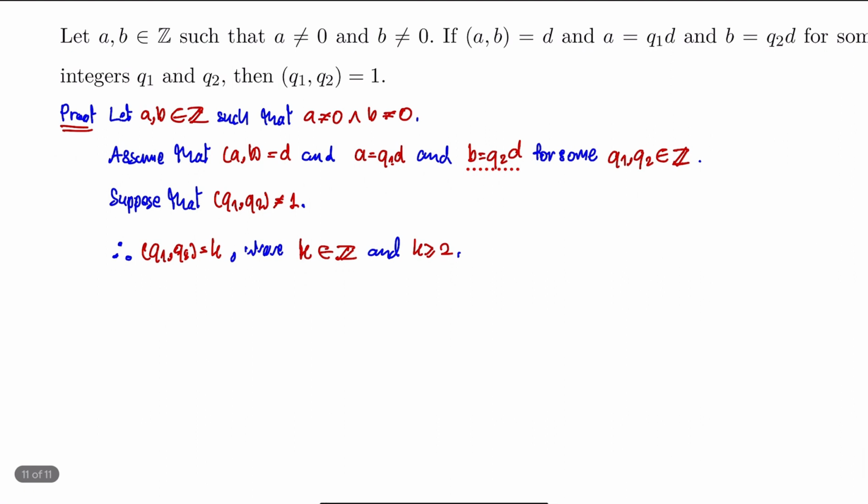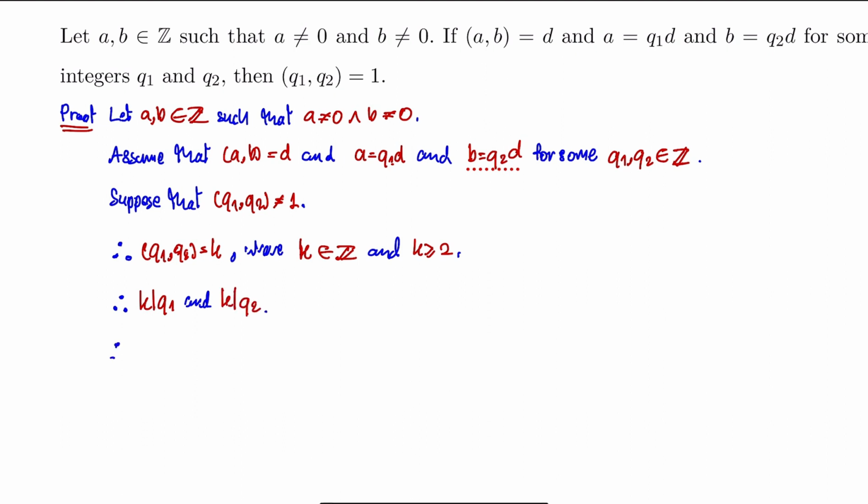Once K becomes the greatest common divisor of Q1 and Q2, where K is greater than or equal to 2, that means that K divides Q1 and K divides Q2.